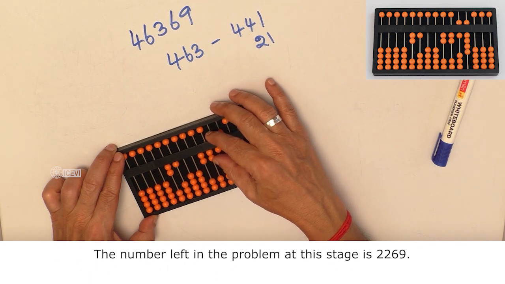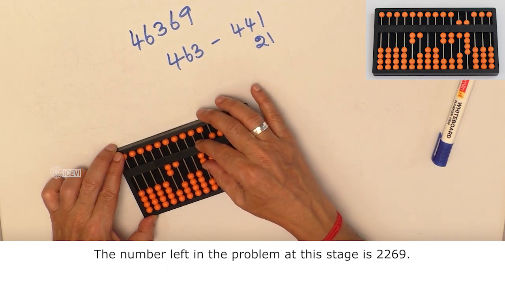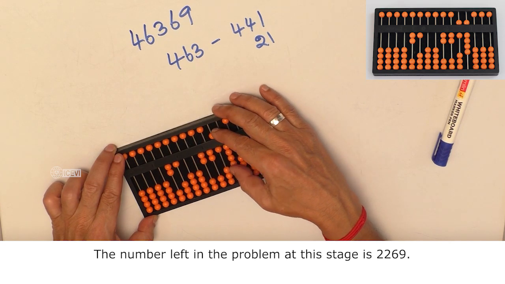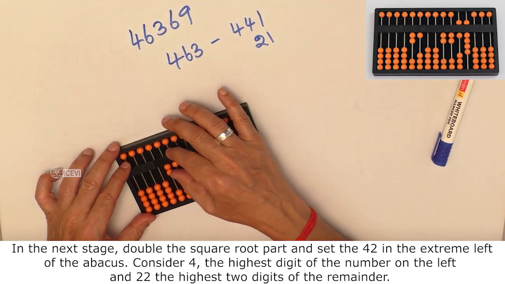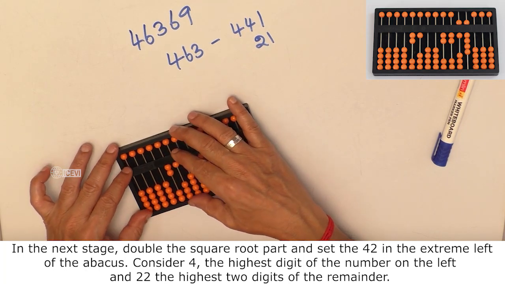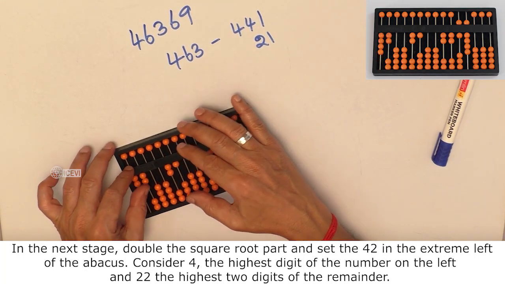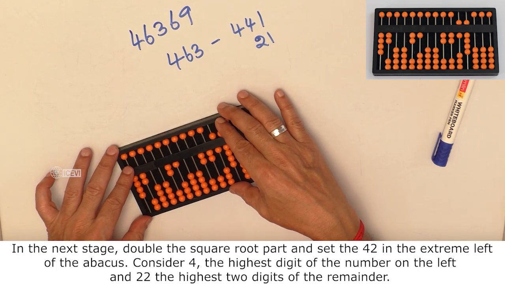The number left in the problem at this stage is 2,269. In the next stage, double the square root part and set 42 in the extreme left of the abacus.